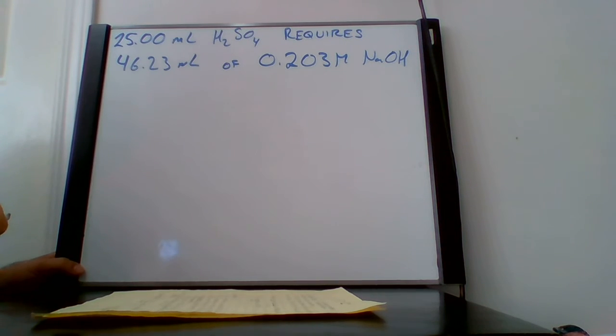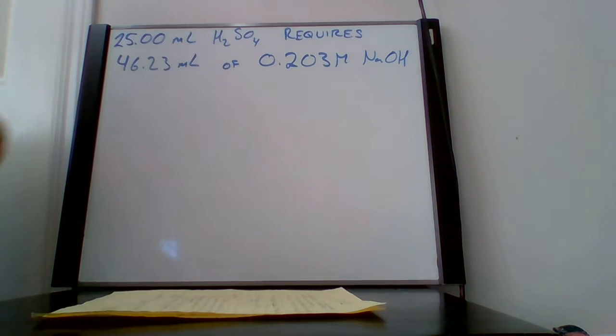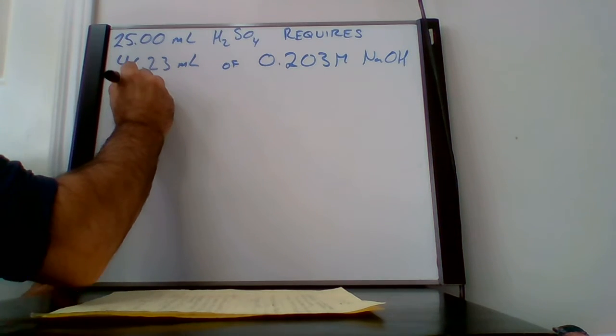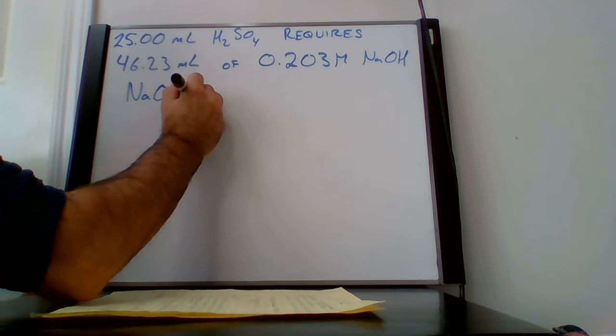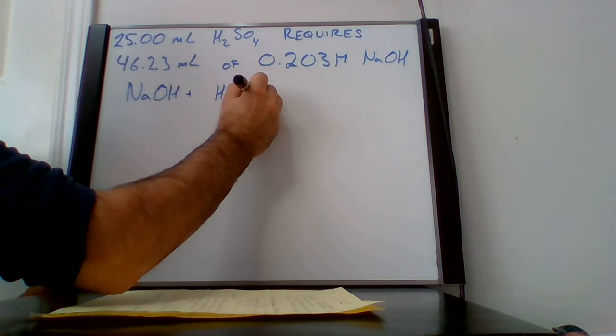Well, this isn't too bad. This is the type of calculation we've done before. Hopefully we've seen these in Chem 11, and we've done similar calculations in previous units. First thing with any of these types of calculations is let's write out our balanced equation.